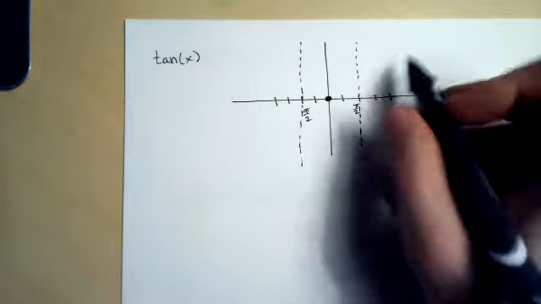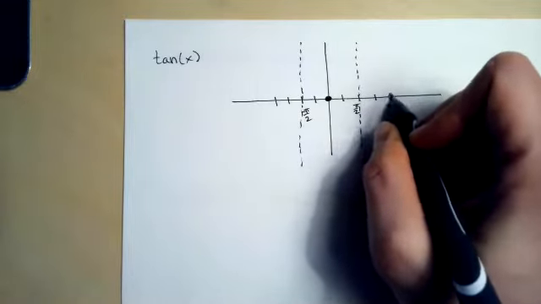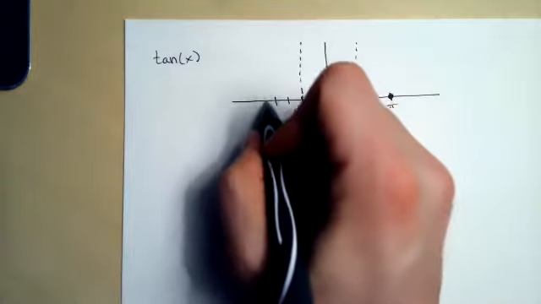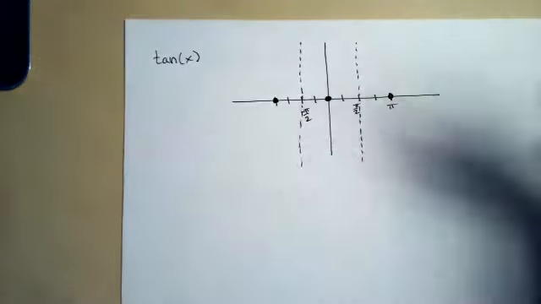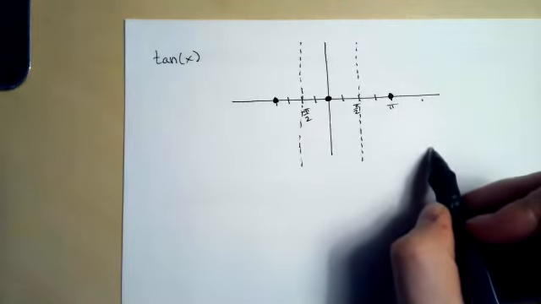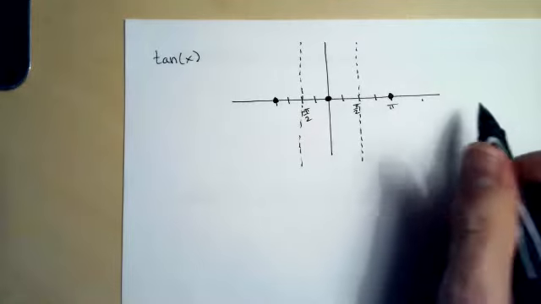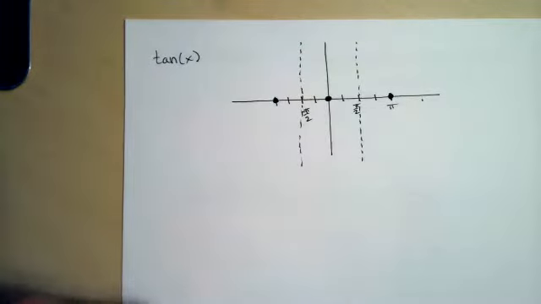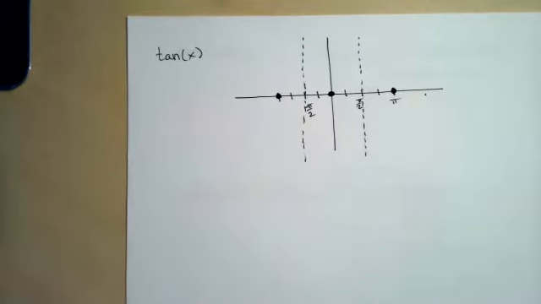I go over 2, we'll have another point here. So over 2, asymptote, over 2, point. And then if you wanted to keep going, the next asymptote will be at 3 pi over 2. Negative 3 pi over 2. 5 pi over 2. So odd multiples of pi over 2.